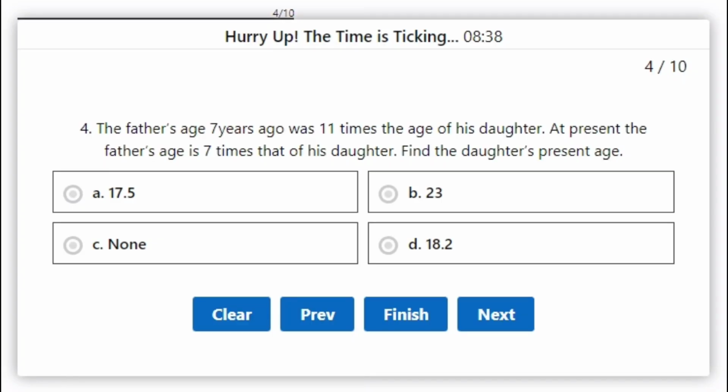Now our fourth question is, the father's age 7 years ago was 11 times the age of his daughter. At present, the father's age is 7 times that of his daughter. Find the daughter's present age.